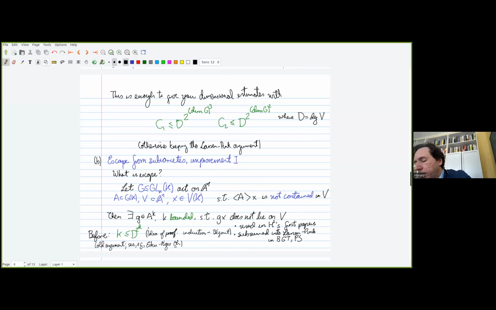The old argument gives you that K is at most, where D is the degree of V and d is the dimension of V, big D to the 2 to the little d, which is not fantastic, but it's okay. And the idea of the proof is basically induction plus Bézout.